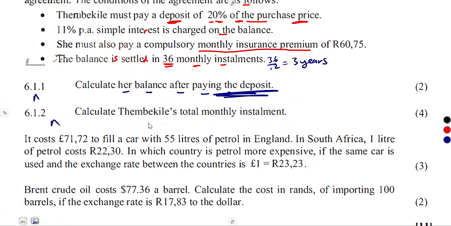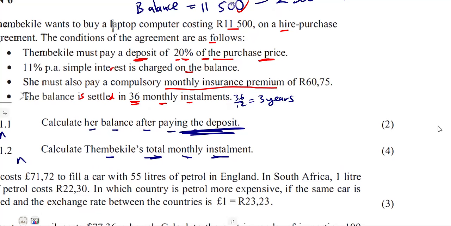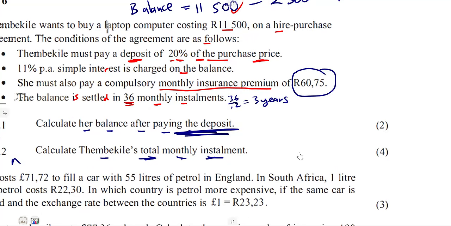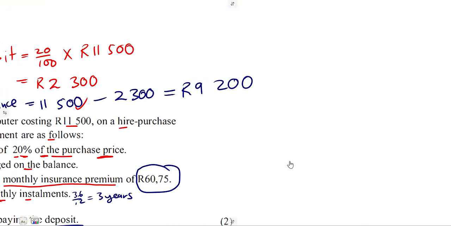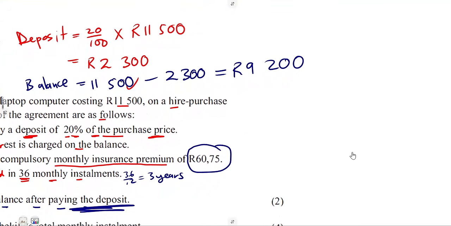All right, then another question. Calculate Tembegile's total monthly installments. What is going to be the monthly installment in total? All right, let's start with the hire purchase before we move on to this one, because there's this one for insurance. We must find the total to be paid over the period of 3 years.